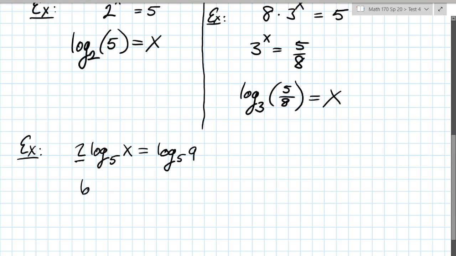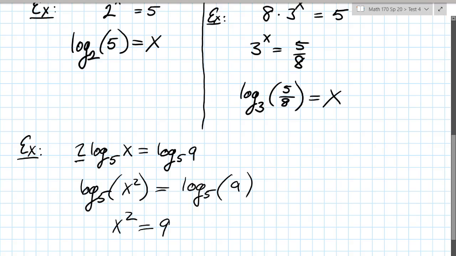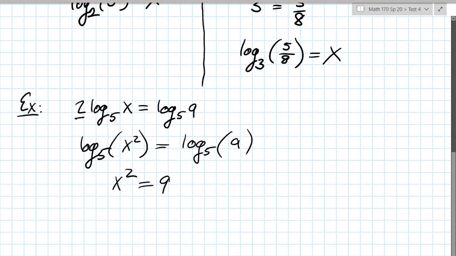So I'll use the property of logs to bring the 2 and make it the power of x. And now we have log m equals log n. So from here I can say x squared is equal to 9. Solving for x and taking the square root of both sides, I get plus or minus 3.